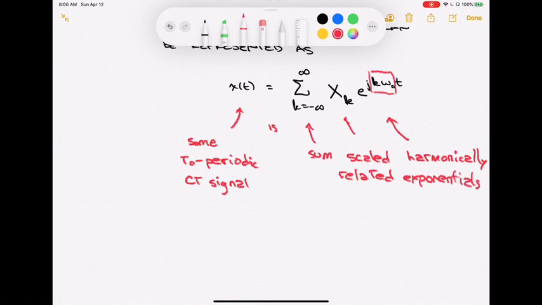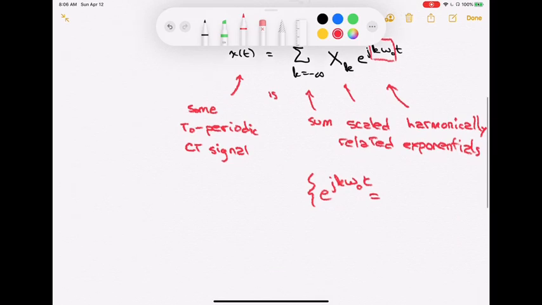Now, we also know just through Euler's idea that e to the j k omega naught t can also be represented as cosine omega naught k t plus j sine omega naught k t.